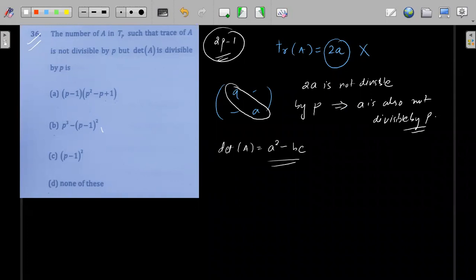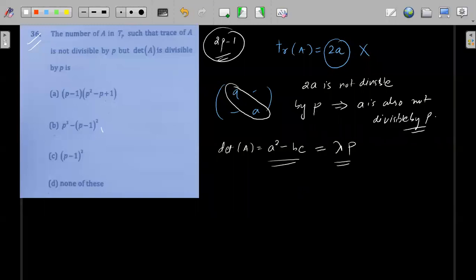So if 2A is not divisible by P, then we know that A will also not be divisible by P, and determinant of A should be divisible by P. So determinant of A is equal to A square minus BC, and if this is divisible by P, then I can take it as a factor of P. So let it become lambda P, or you can take any other constant. So A square minus BC is equal to lambda P. We can take that this one is divisible by P, so this will be a factor, right?